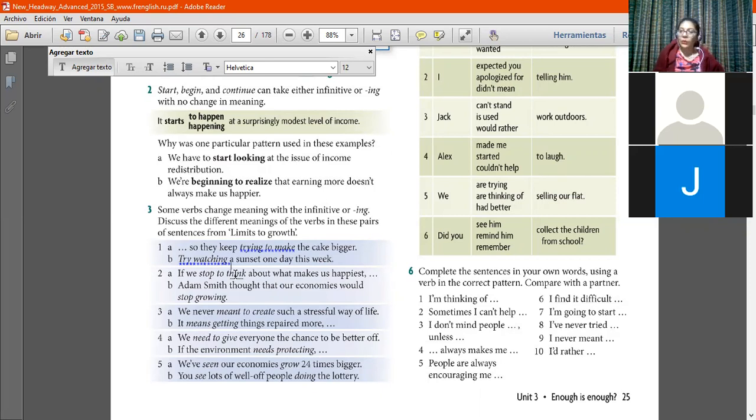Try to do number 2. A ver, solito. What can you say? Number 2.